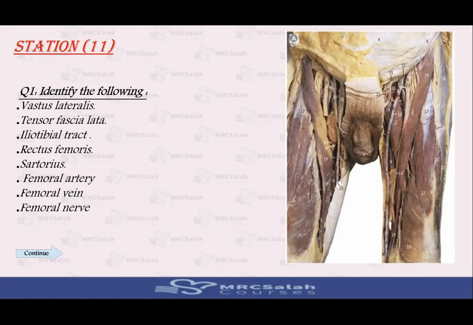I think they will ask you in the back to identify the biceps femoris muscle. What are the names of the heads of biceps femoris? Short and long head. Nerve supply?